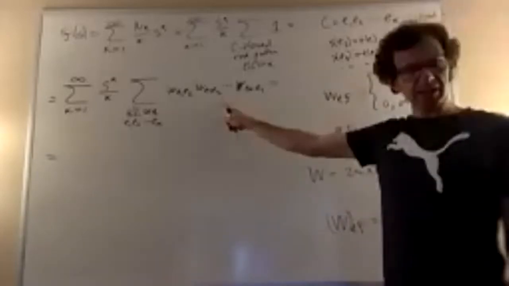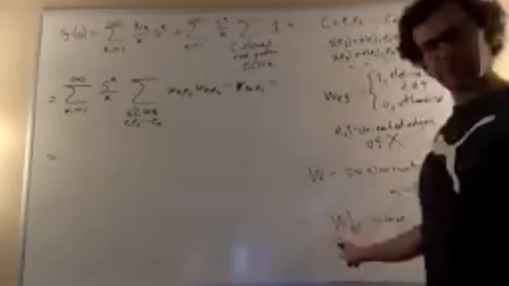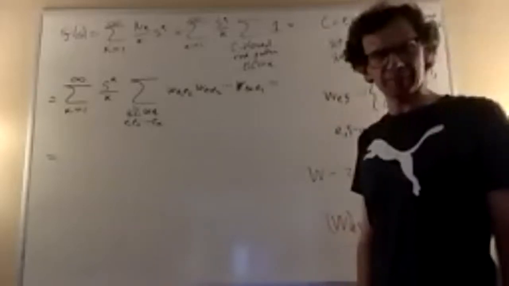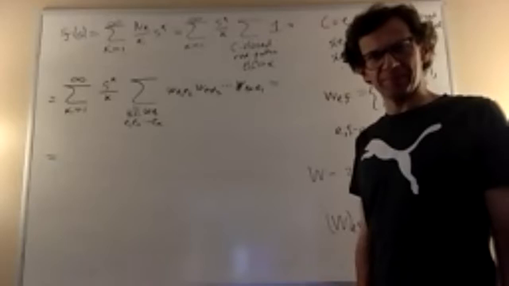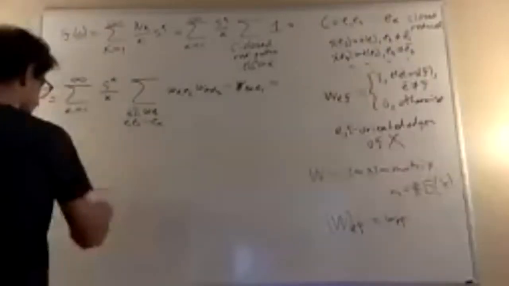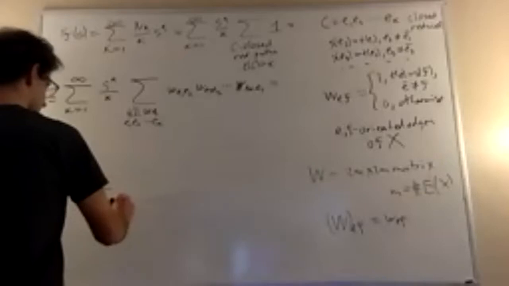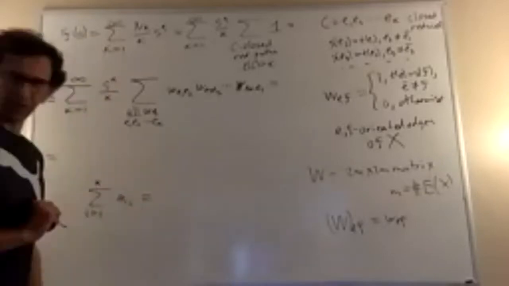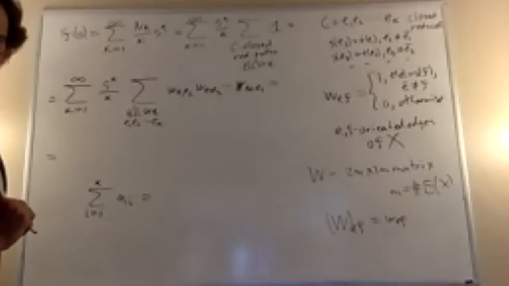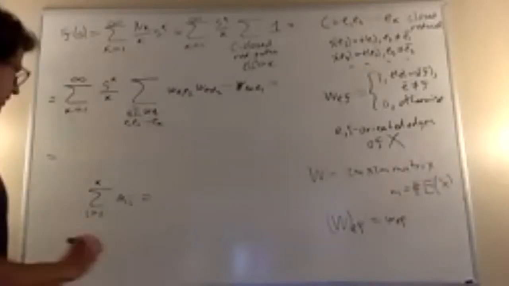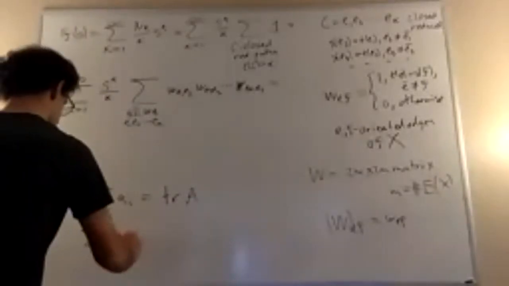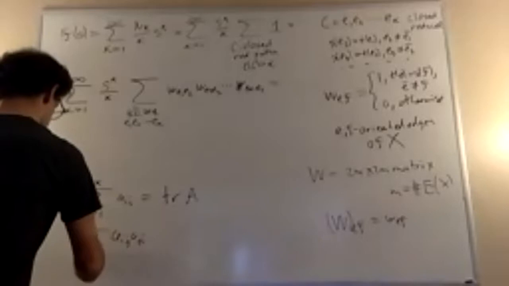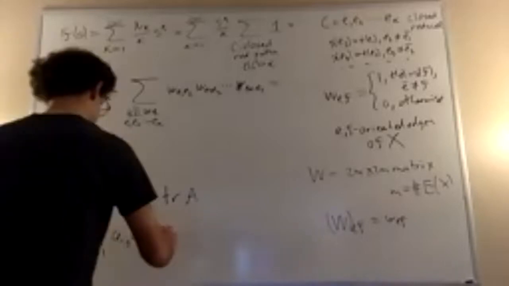And so what is this quantity in terms of this matrix? Can someone tell me? What's the sum from i equals 1 to k of a_ii? What's that called? Trace. Trace, good. What if you take the sum of a_ij a_ji over all i, j from 1 to k?